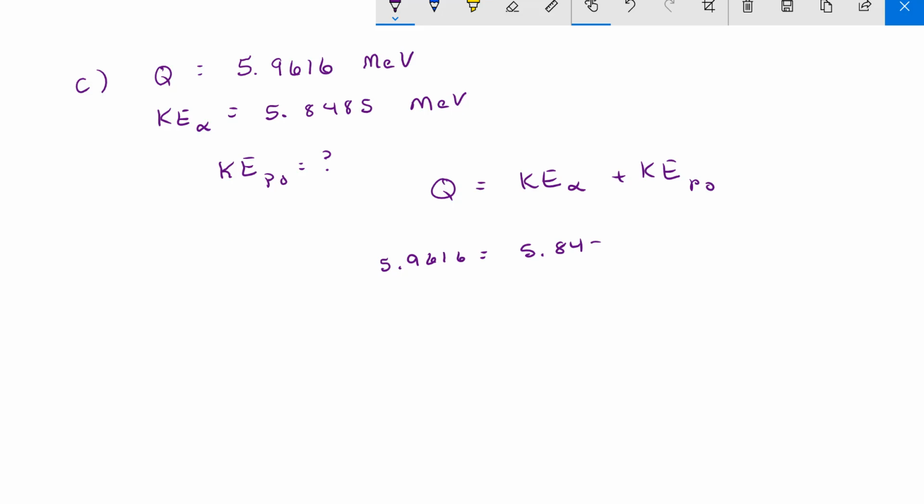So 5.9616 equals 5.8485 plus KE of PO, and KE of PO is equal to 0.1131 mega electron volts. Thanks to the magic of algebra and conservation laws, this actually isn't that hard of a problem. A little messy, but really not too tough.